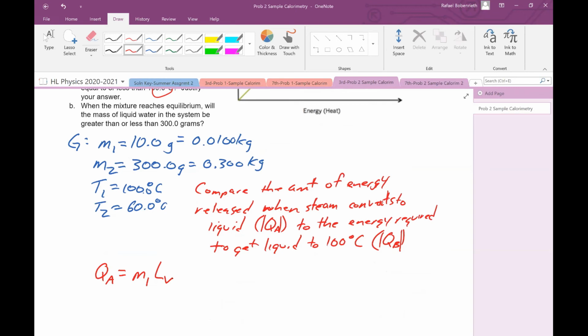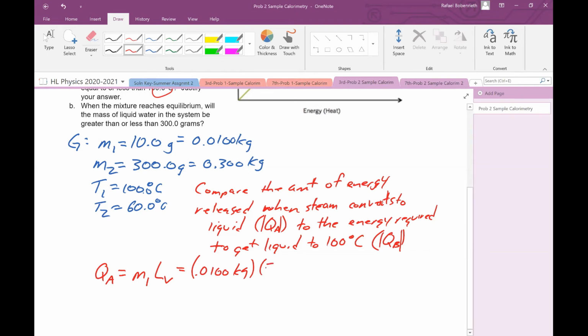So M1 is 0.0100 kilograms. And the latent heat of vaporization you're going to get from the reference values, which is, what did I give to you guys? Because I have something different here. Is it 2.36 times 10 to the 6th, I think?